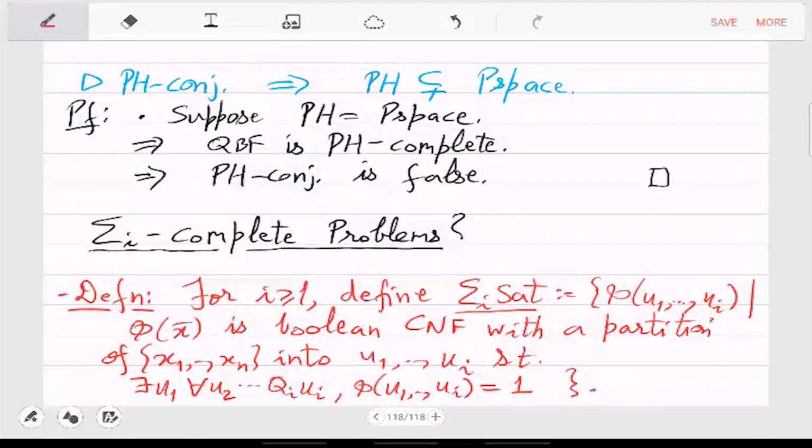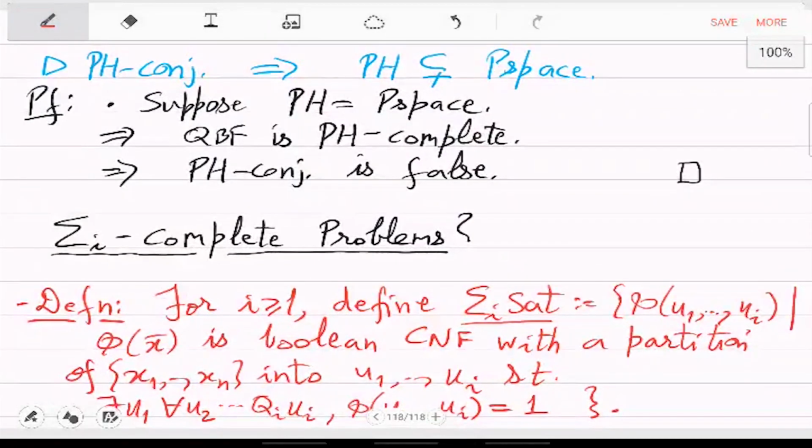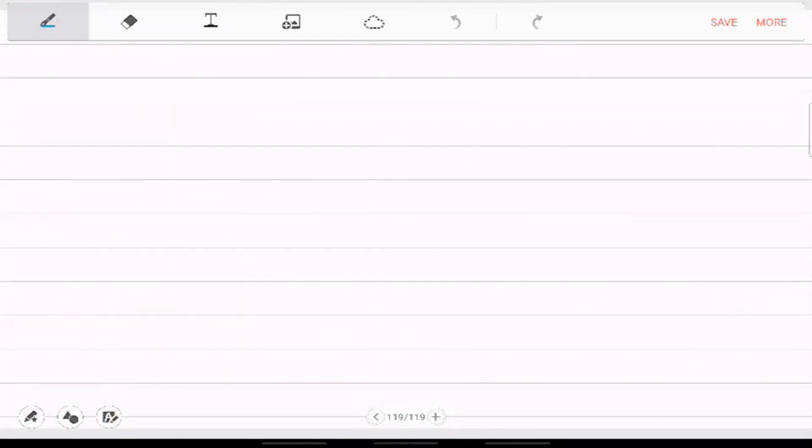So I distinct quantifiers are there on the n variables, and under this quantification phi should be true. So remember this natural generalization of SAT and observe that sigma I SAT is not quite QBF.